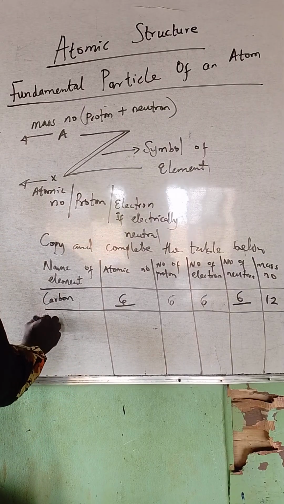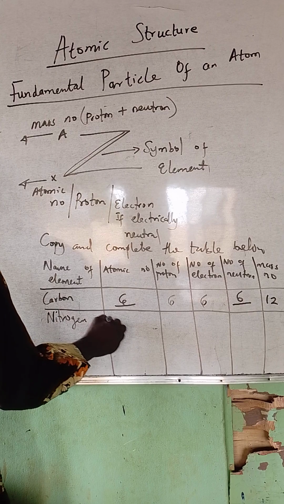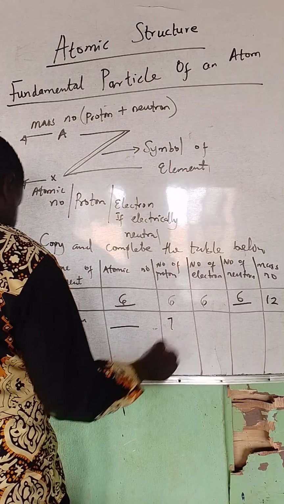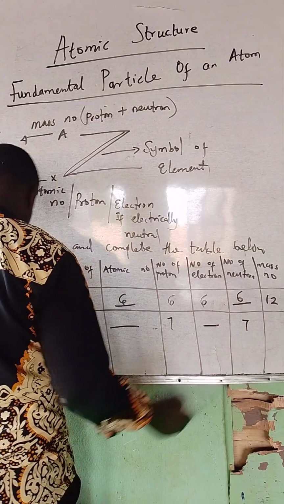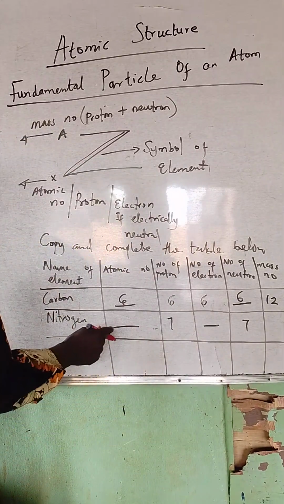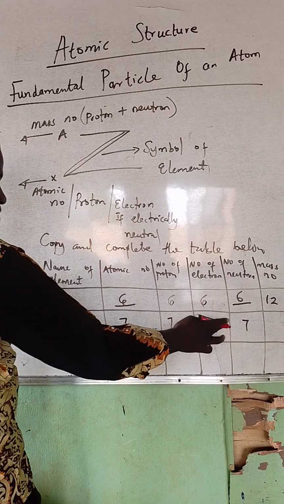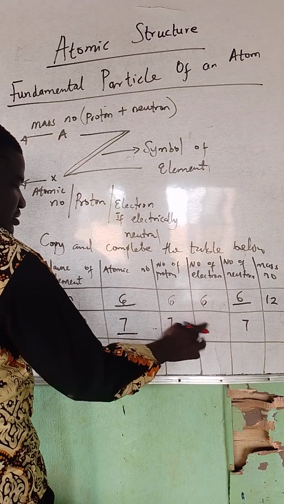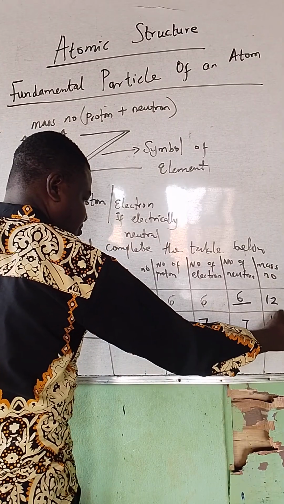Then nitrogen. Now this one, the atomic number is the same thing as the proton number, and the neutron number is 14 minus that.